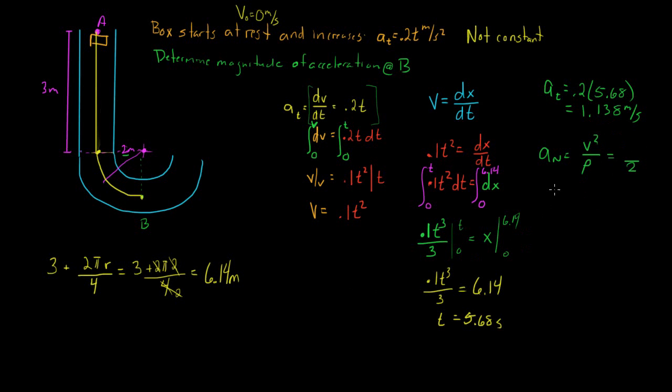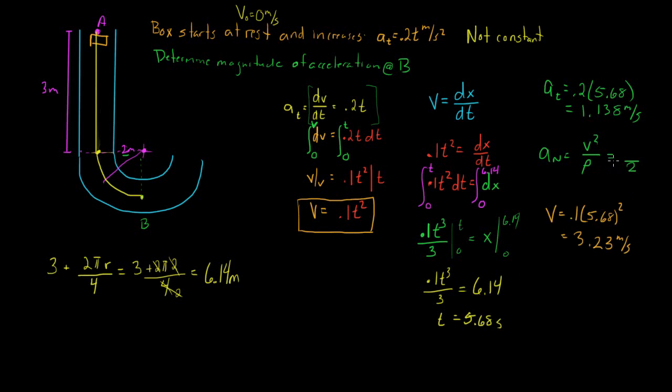We do have an expression for velocity, which is right here. It's an expression for velocity in terms of time. So our velocity is equal to 0.1 times 5.68 squared, and so our velocity is going to be equal to 3.23 meters per second.